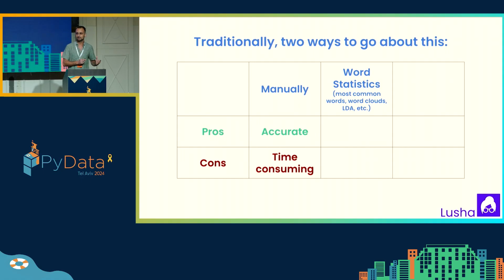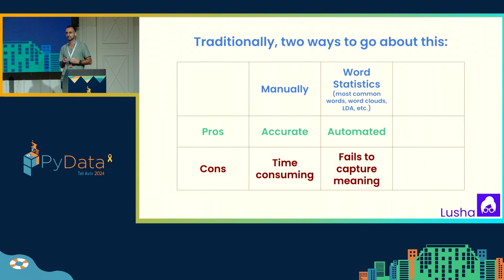It can be as simple as looking at the most common words in all of the documents and maybe generating a word cloud, or it can be a very sophisticated statistical method like LDA. And it is automated and fast and efficient, but all of them suffer from the same disadvantage. They fail to capture the semantic and contextual meaning of words, phrases, and sentences.